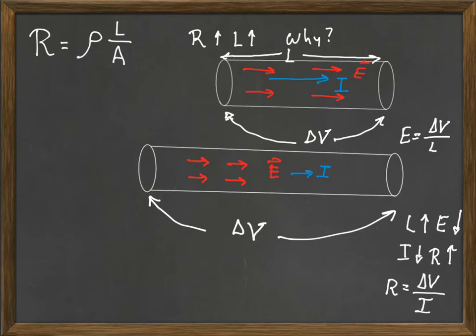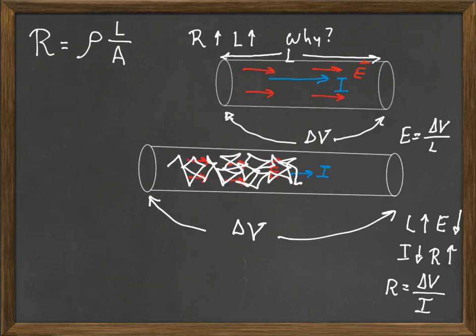If the electric field decreases, we're going to have less current flowing in the wire. So the current goes down, and according to the definition of resistance, if the current goes down, the resistance is going up. It is more difficult for current to flow through a longer wire than to flow through a shorter wire.